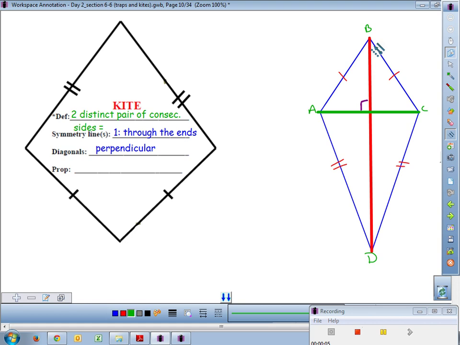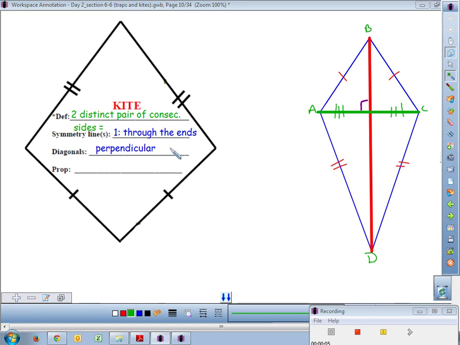But what ends up happening is, the red one totally cuts the green one into two equal pieces, since the red one's the symmetry line. So the red one bisects the green one, but the green one does not cut the red one in half. So the diagonals of a kite do not bisect each other, and they're definitely not equal to each other. Out of those three things that I'm concerned about, the diagonals are just perpendicular to each other.